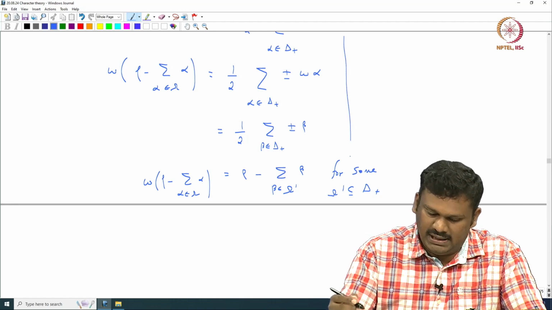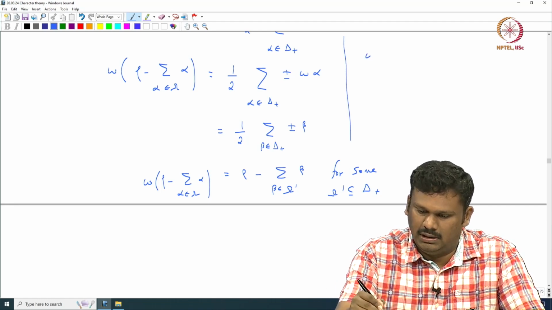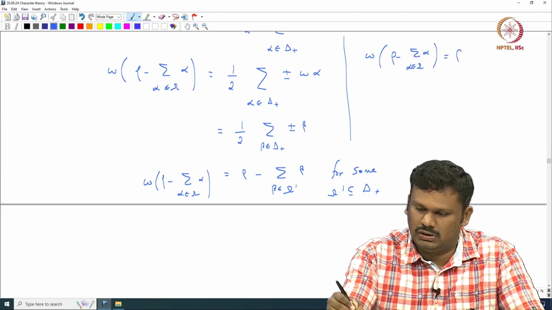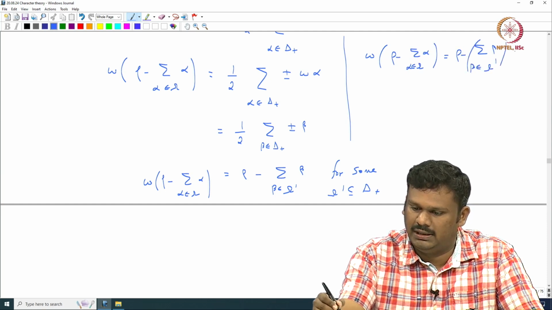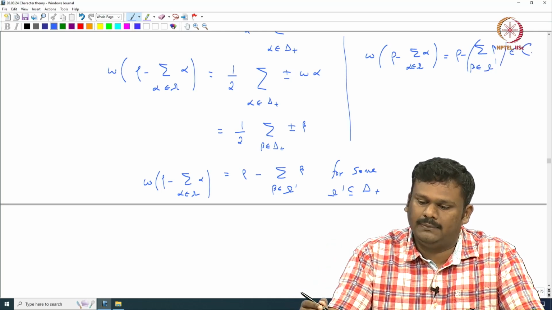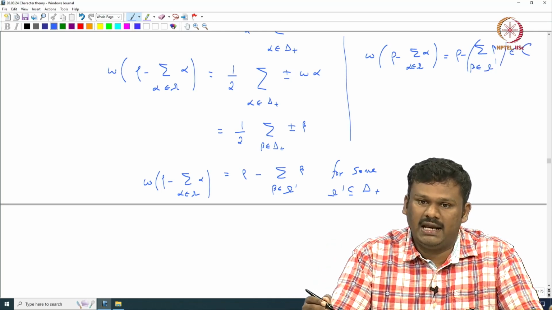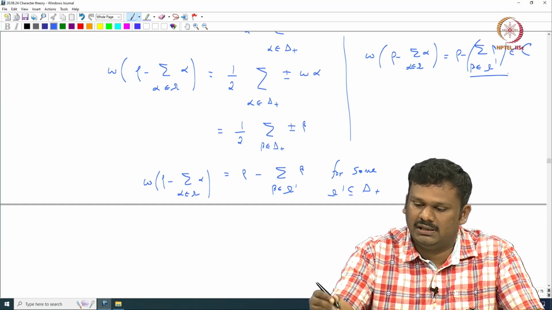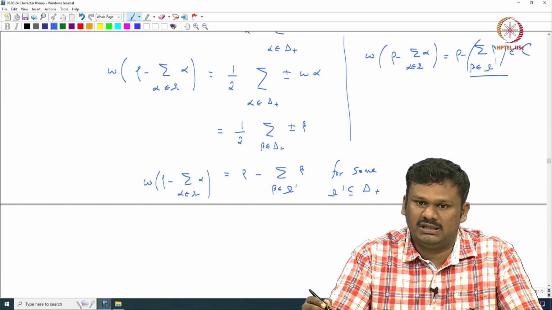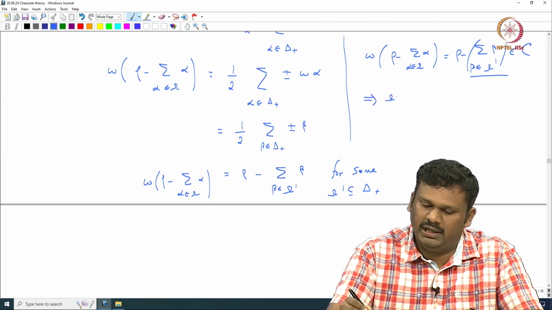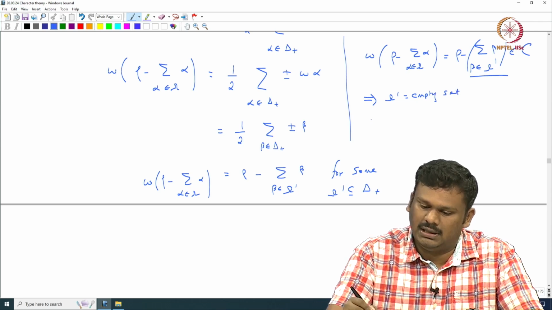So this element is in the fundamental chamber, but we already observed that for any subset, if this element is in the fundamental chamber, then the subset must be empty. That forces omega dash to be the empty set. Because it is an empty set, you get W of rho minus summation alpha, alpha in omega is exactly equal to rho.